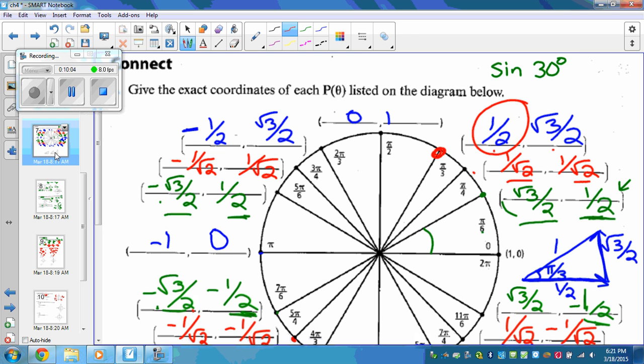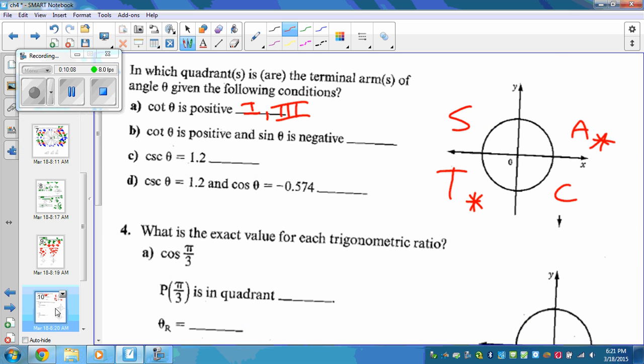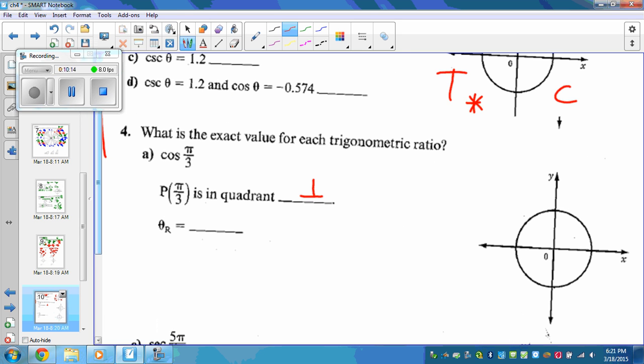That means I'm talking about the x value right there. So it is in quadrant 1. Its reference angle is pi over 3. So its exact value, the cos of pi over 3, is equal to simply 1/2.